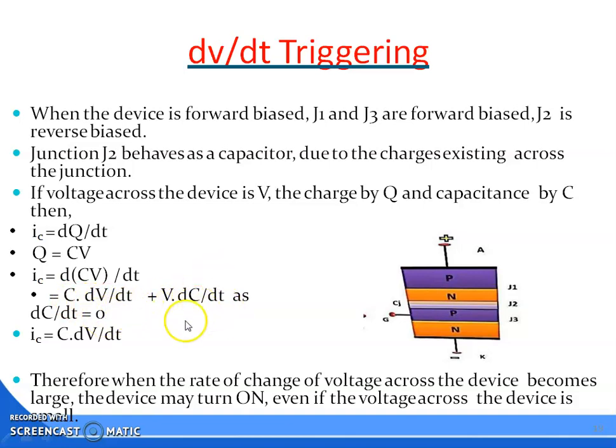As C is a constant, the derivative of C will be 0. So the expression becomes IC is equal to C dV/dt. Therefore, when the rate of change of voltage across the device becomes large, the device may turn on even if the voltage across the device is small.